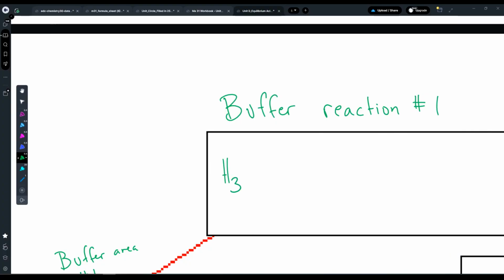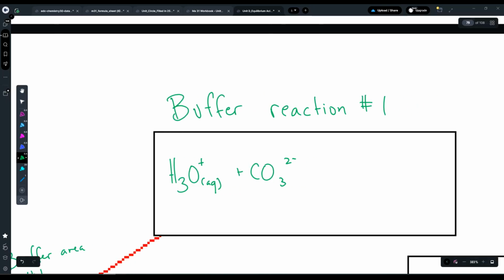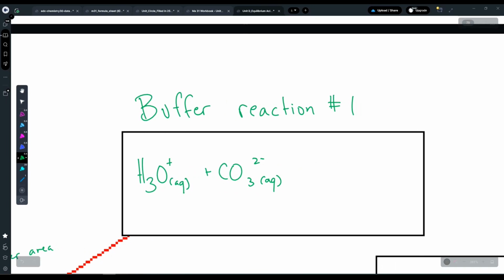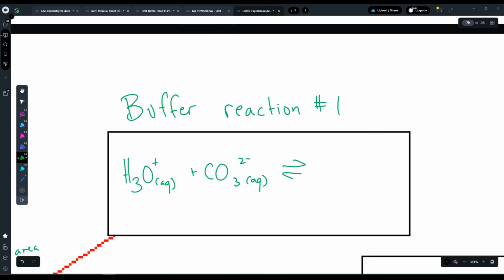So I'm going to start off with hydronium, react it with the carbonate ions, and because it is a buffer reaction, that's going to be an equilibrium. And remember, we're only transferring 1 proton at a time.